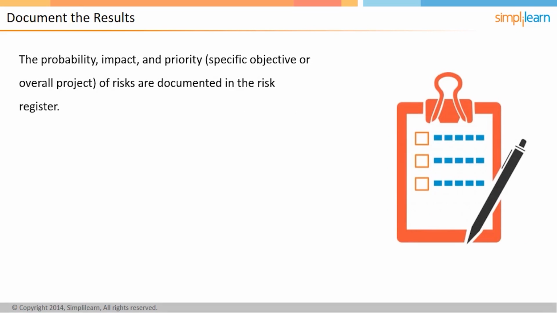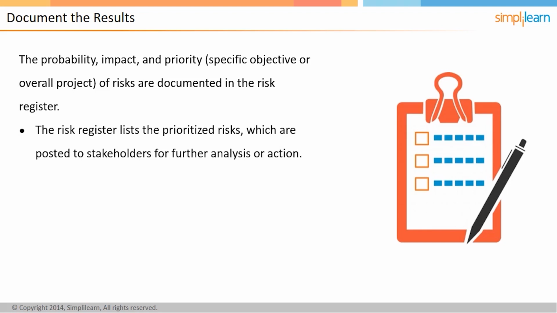Documentation is the last step carried out in the Qualitative Risk Analysis process. The results of the analysis are documented in the Risk Register, which is the output of the risk identification process. While documenting the results, the probability, impact, specific objective or overall project, and priority of risks are documented in the Risk Register.